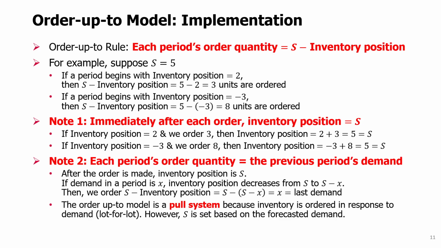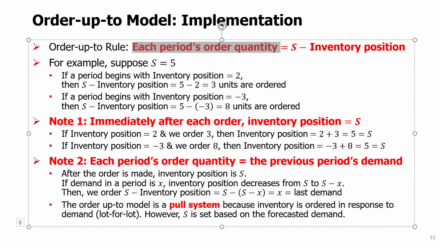So the order up to model will be implemented with the following simple rule. Each period's order quantity, how much we order in each period, will be S, the order up to level that we define as a parameter of our model, minus the inventory position. Let's consider examples to understand this simple implementation rule.